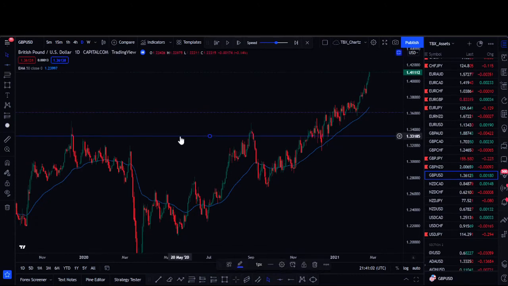Just looking at this chart, you can see that price has tested here, here, and don't forget, support and resistance are not lines, they are zones that have been tested multiple times. That is from here to here. Areas, zones that have acted as support.